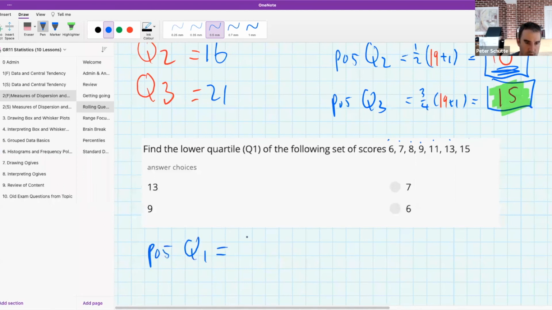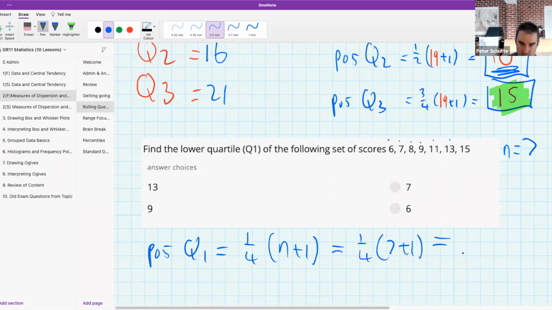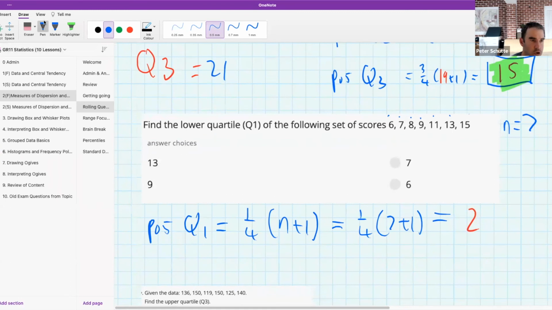The position of Q1 is a quarter times n plus 1, and n was 7. So a quarter times 8, it's going to be 2. So Q1 is going to be in position 2.